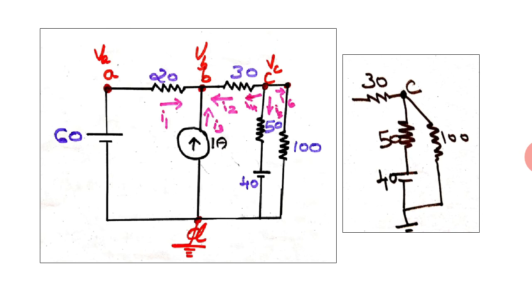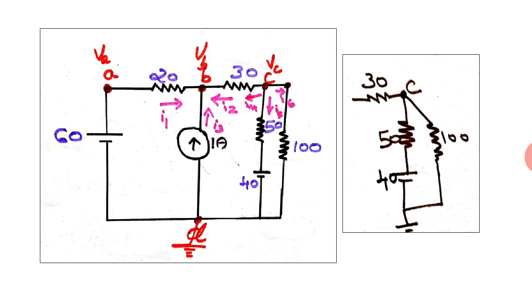Similarly, we formulate the equation for VC also. At node C we assume currents I4, I5 and I6. I4 is the current flowing through the 30 ohm resistor, I5 through the 50 ohm resistor, and I6 through the 100 ohm resistor.